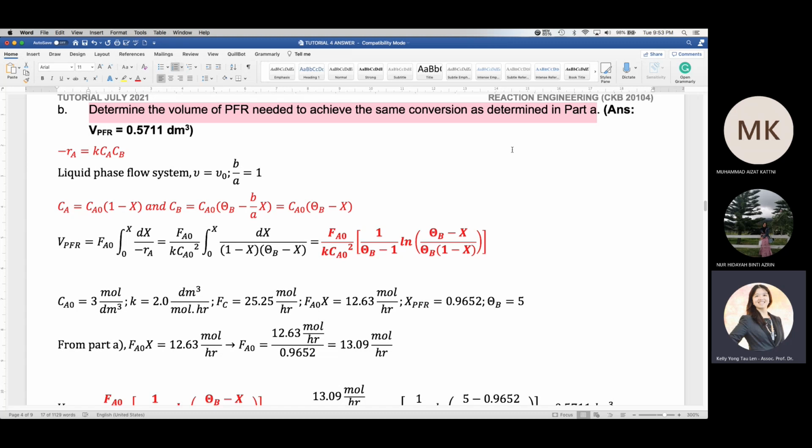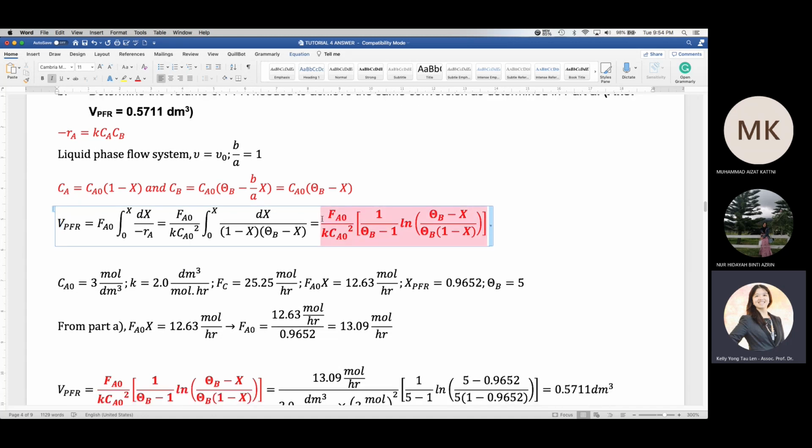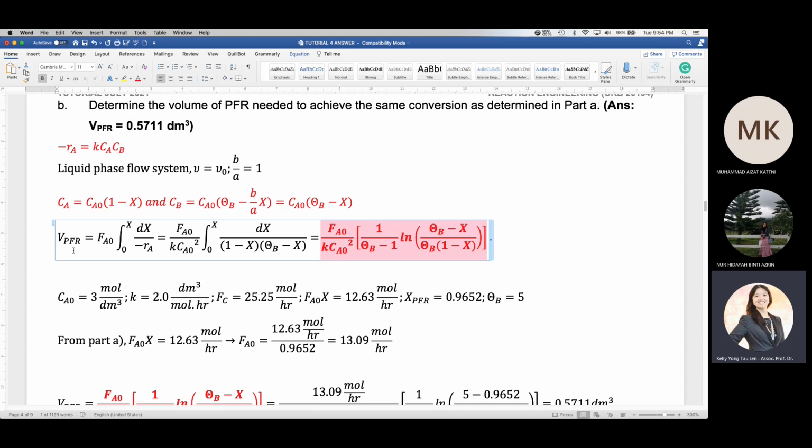So kamu tengok equation yang mana PFR minus RA, K CA CB dan dia adalah liquid phase. So if you find correctly, this is the equation, tengok dalam list of equation, volume PFR sama dengan FA0 per K CA0 square in bracket 1 per theta B minus 1 ln theta B minus X per theta B 1 minus X. Dan dia kata dia nak kita cari volume.